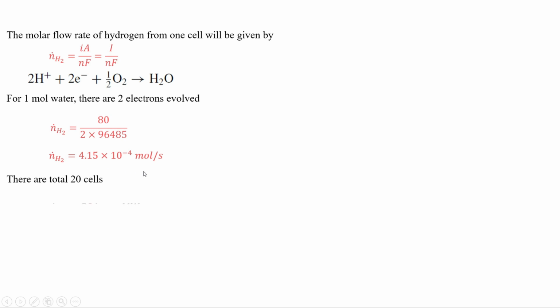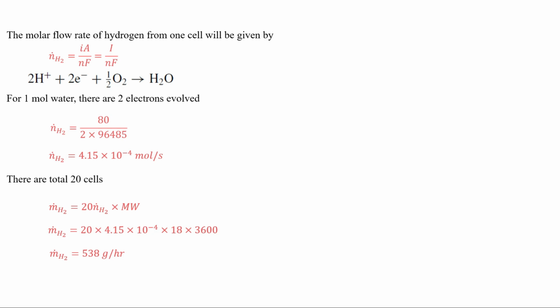We will determine the amount of water generated from a 20 cell fuel stack. And molecular weight of water is 18. So the mass flow rate of water generated from this fuel cell stack is 538 grams per hour.